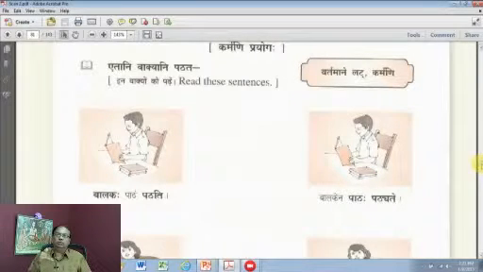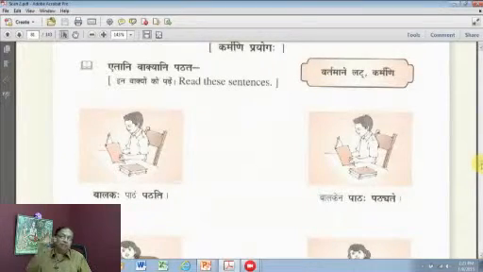Coming to karmani prayoga, passive voice, the karma, which is otherwise the object, occupies the position of the karta. Karma becomes karta. From dvitiya, it comes to prathama. Prathama vibhakti is kartru sthana.